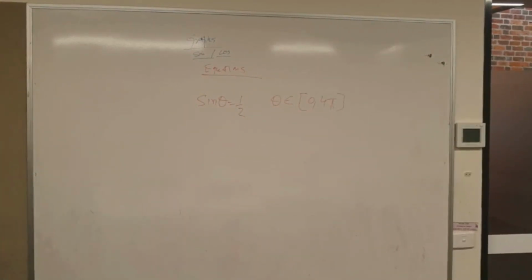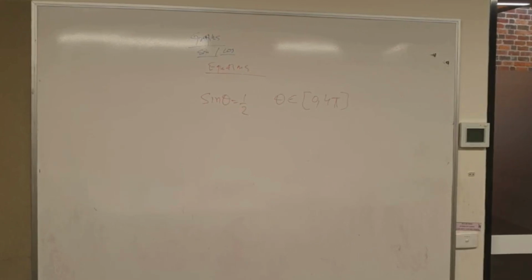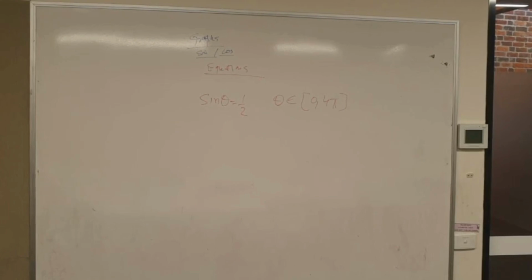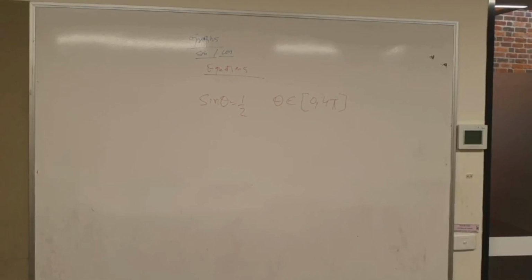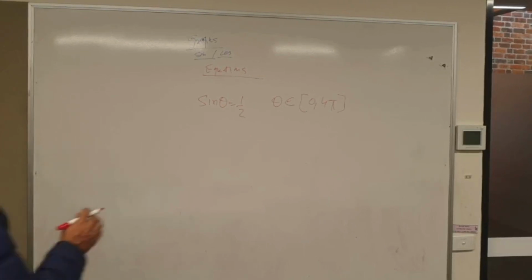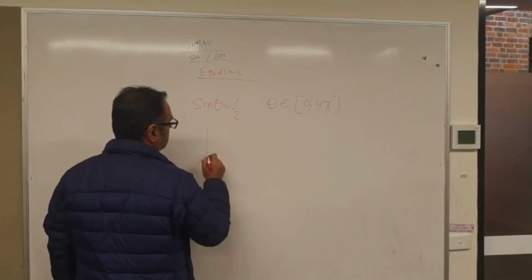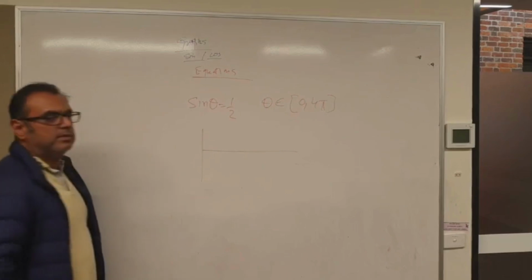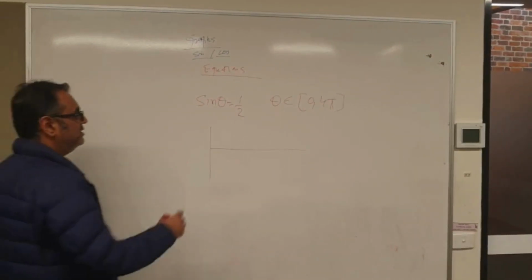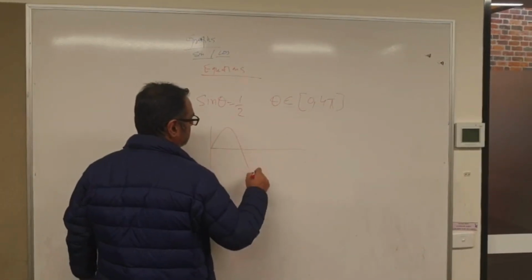Now, what it actually means. See, in the first place, I have to find the angle. Now, let's draw the sine theta. 2 pi.